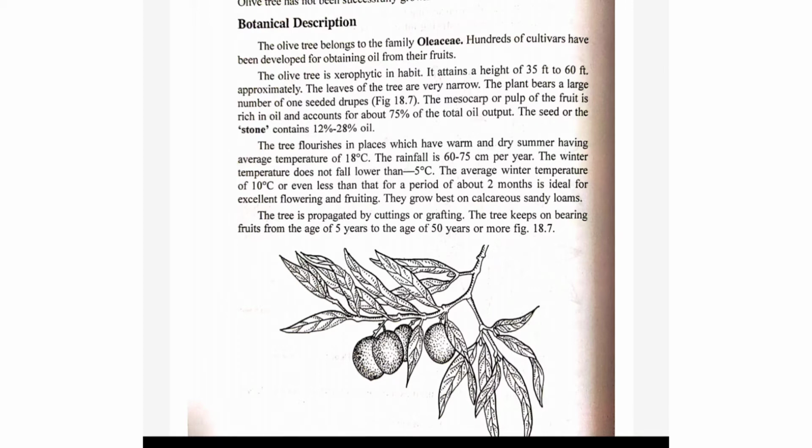The drupe is generally a fleshy fruit with a skin and a center containing the seed, and generally it is one-seeded. The mesocarp or pulp of the fruit is rich in oil and accounts for about 75% of the total oil output. The mesocarp means the inner layer of the fruit, which has a rich oil content of about 75%, and the seed or stone contains 12 to 20% oil.